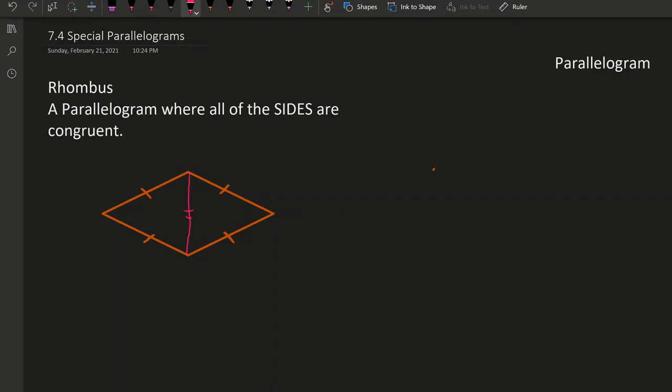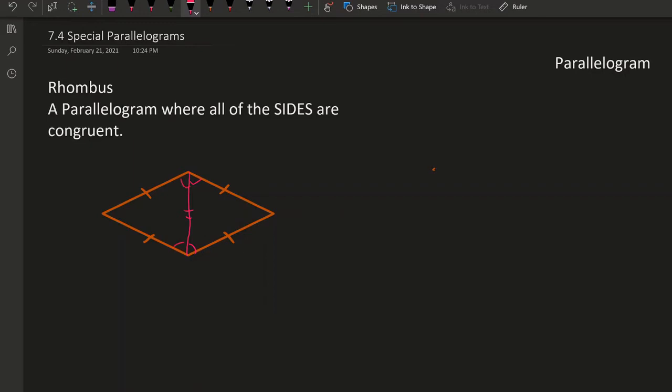Since those triangles are congruent, their corresponding pieces must be congruent using CPCTC. So that means that this angle is congruent to this angle. Notice it's an isosceles triangle, so the base angles are congruent. And then this angle would be congruent to this angle.